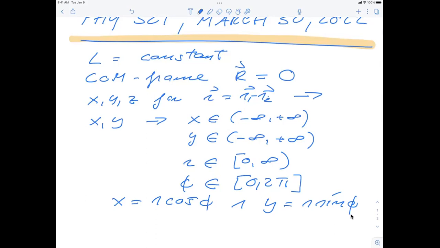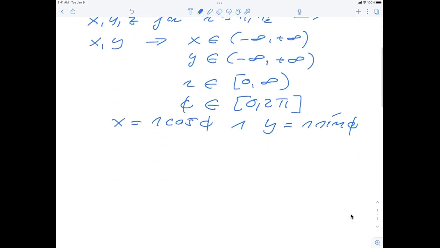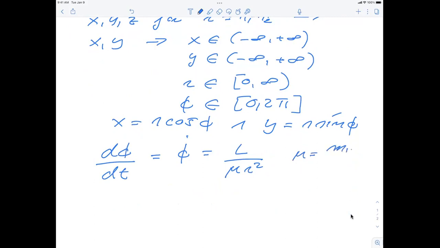Okay, so when we look at the equations which we ended up solving, we have an equation for the angular velocity, which we wrote like this: phi dot, and that was given by the angular momentum divided by the reduced mass times r squared, and mu is simply the mass of the first object times the mass of the second one divided by the total mass.